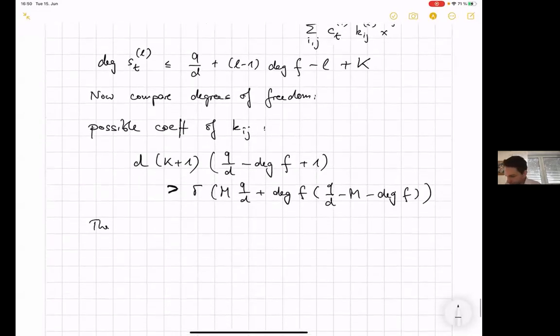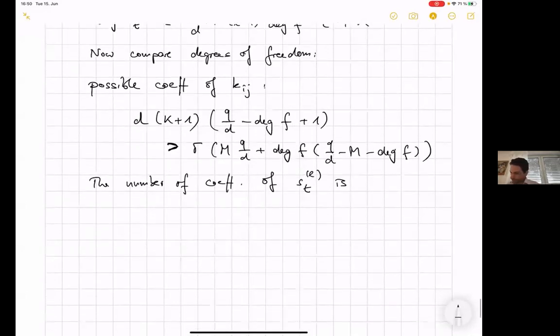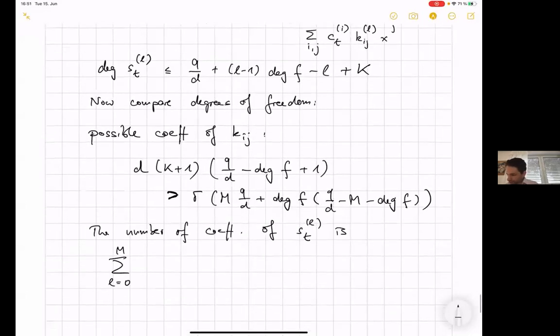So the number of coefficients of S_{tL} is, I sum L from 0 to m, and now the degree of this is q over d plus L minus 1 times degree of f minus L plus k.